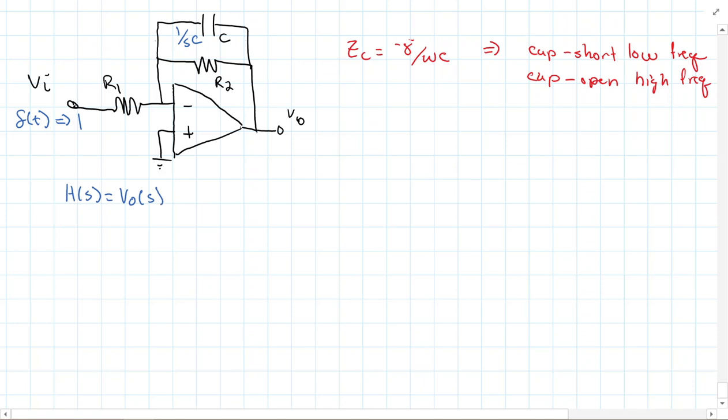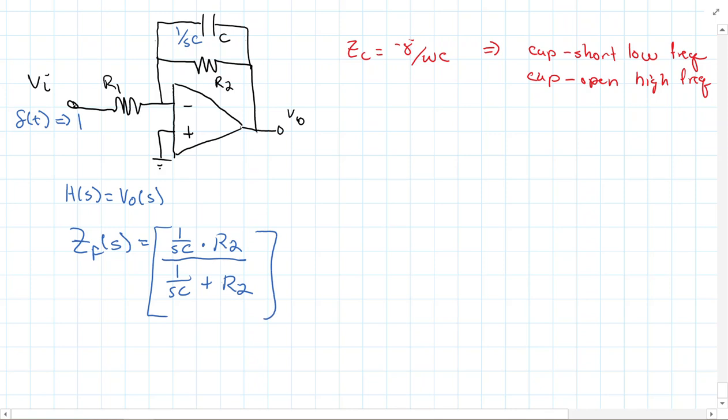But before I do this, I'm going to look at this Z2, or I'll call it ZF at S here, because these are in parallel. So the way I'm going to combine these in parallel is to do 1 over SC times R2 over 1 over SC plus R2, and then I'm simply going to multiply by SC over SC.